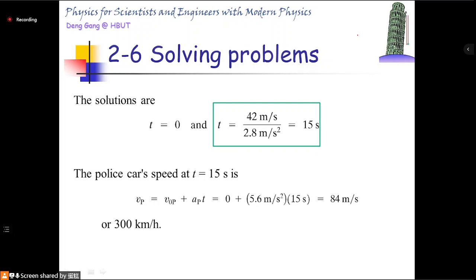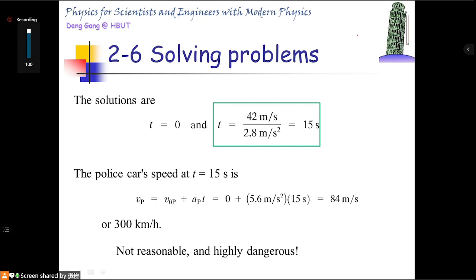That's not reasonable, because driving at such a high speed is very, very dangerous. It's extremely dangerous. Especially if you are a police car, you cannot break the rules.